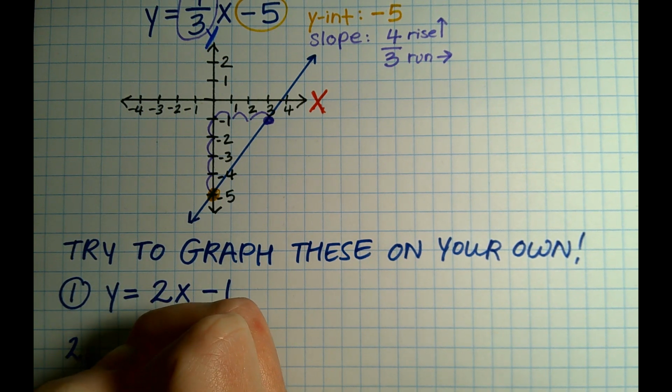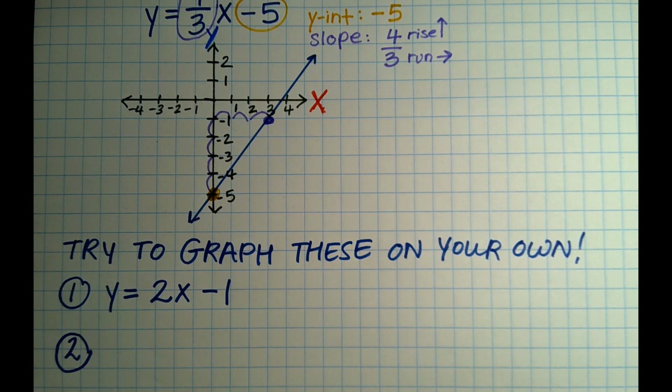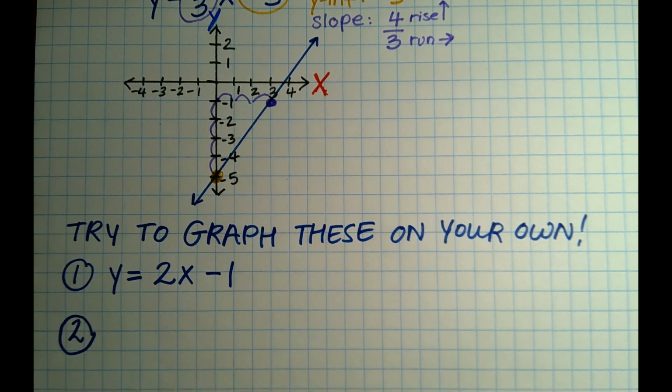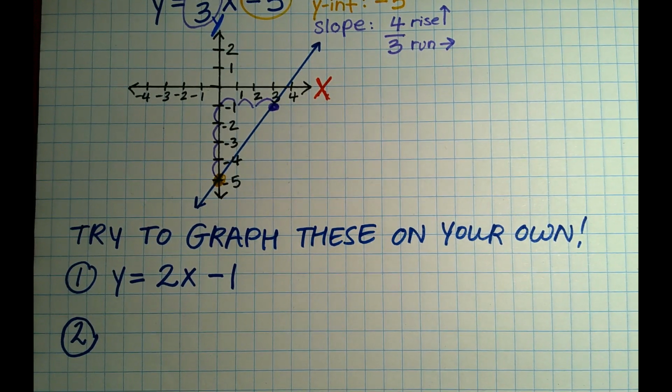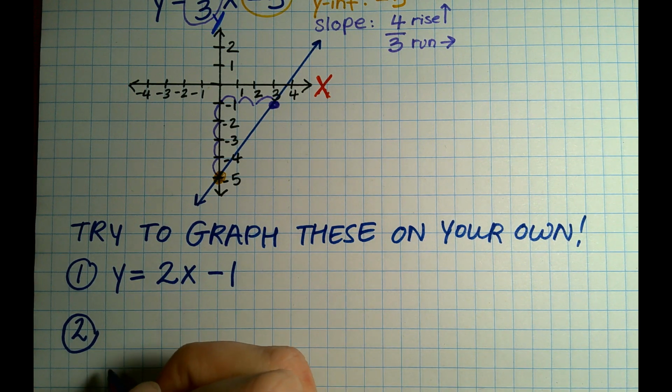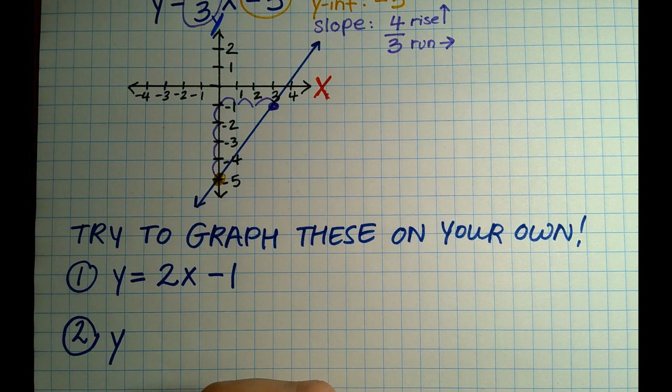And I'm just going to write a list out, and you can either make your own graphs for each one, or I need to make some more copies of graph paper that you guys can use so that you don't have to draw every graph. I know that takes forever.